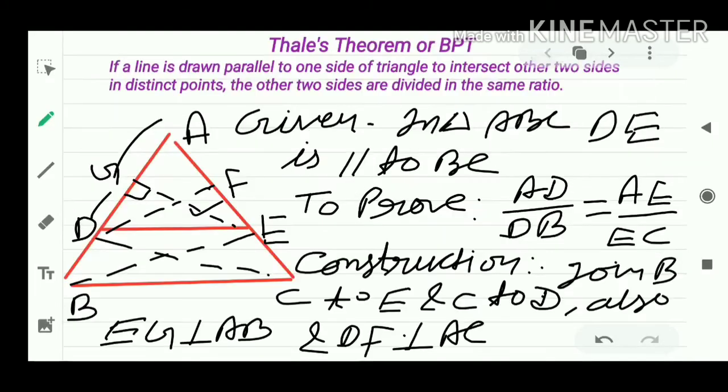Now see in the figure, we clearly see that triangles BDE and CED have the same base DE and are between the same parallel lines DE and BC. So we know that triangles having the same base and between the same parallels are equal in area.